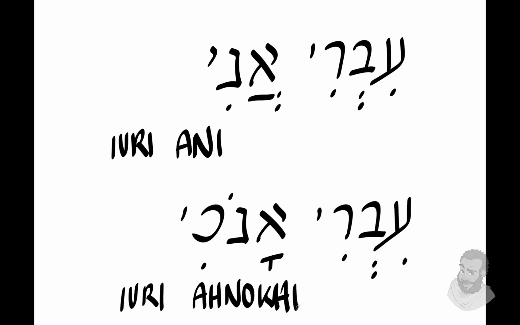Now there is a pausal form, and that's by saying this. Ivri ani. Anytime you hear this, it's usually in the middle of the passage, or towards the end of the passage, or to give some type of emphasis. Whether or not we said it during conversation, I don't know.